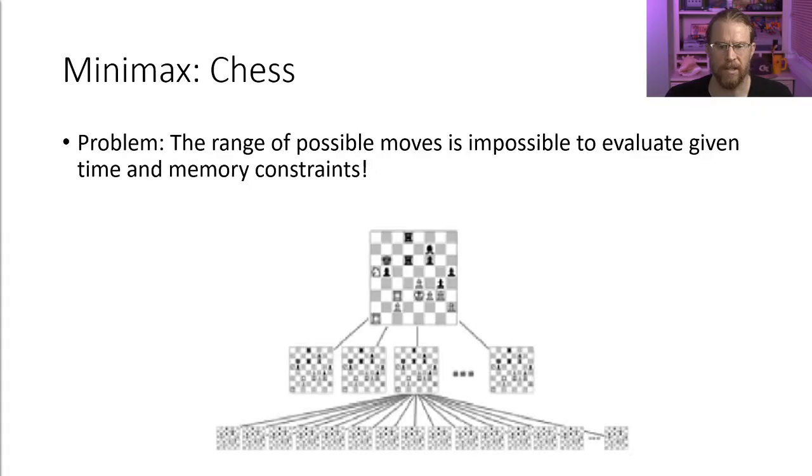Well, with chess, we've got a problem because the range of moves to be considered, to even go just slightly deep into possibilities, will easily run out of time and memory to evaluate all of the possibilities. So there's no way we can search to a final board state.